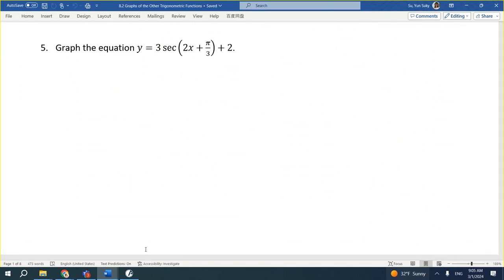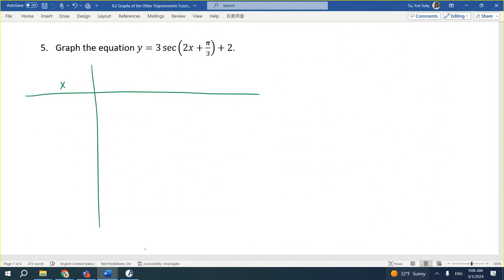Okay, so we want to graph this. The method is very similar to when we graph the 6 trig functions. We construct the table with x, and then theta is the angle, or we say the argument.